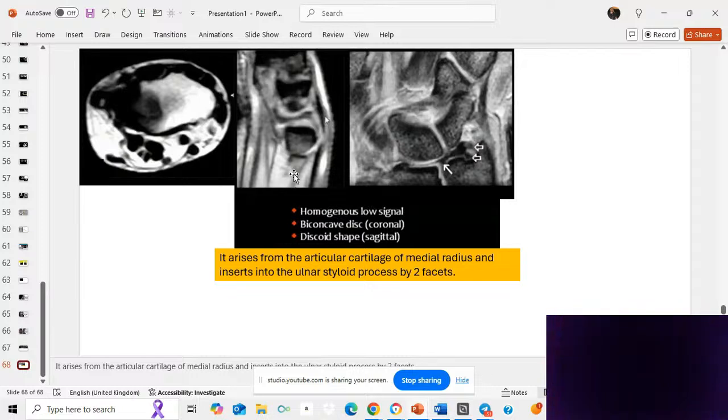It is seen on the sagittal MRI as a discoid shaped structure. On the coronal MRI, it is seen as a biconcave disc with radial attachment and ulnar attachment.